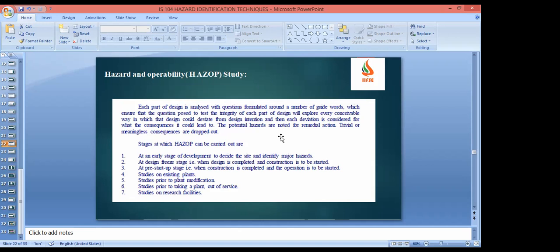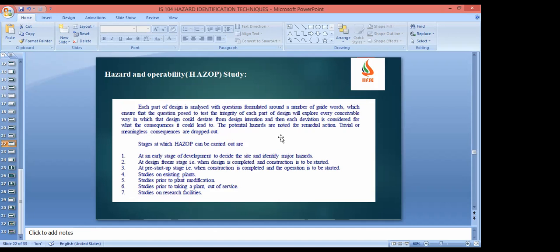If you see the steps in this HAZOP, it is used at an early stage of development to decide the site and also identify the major hazards. When can we conduct it? In the early stage of development, we can use this study for design. At the design freeze stage, when you are going to freeze the complete design of the plant, during that time also we can do this HAZOP.